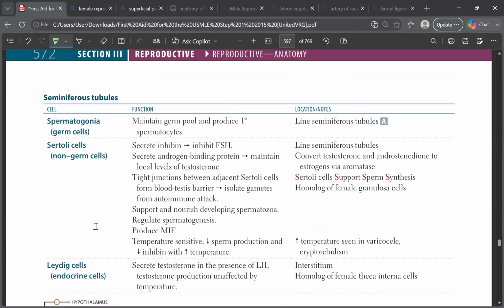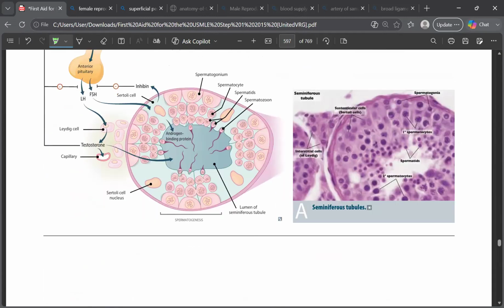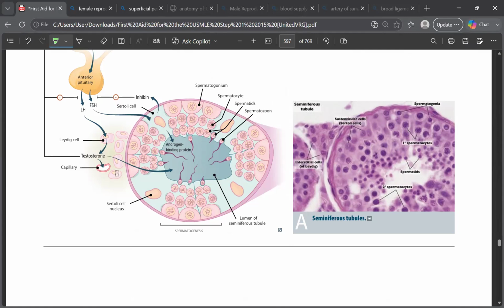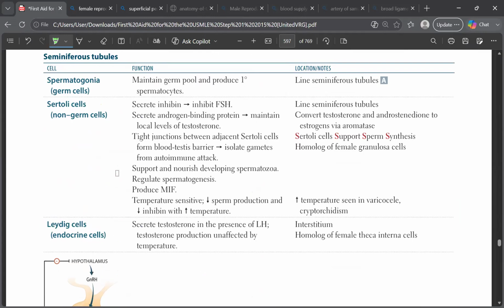Okay. So, there's also a histological diagram of the lumen of the seminiferous tubules, secondary spermatocytes, spermatids, primary spermatocytes, spermatogonia, and Sertoli cells, and the seminiferous tubule and interstitial cells. You should know that they are placed outside the seminiferous tubule. So, spermatogonia or germ cells maintain the germ pool and produce primary spermatocytes.